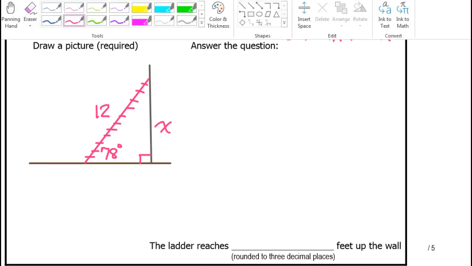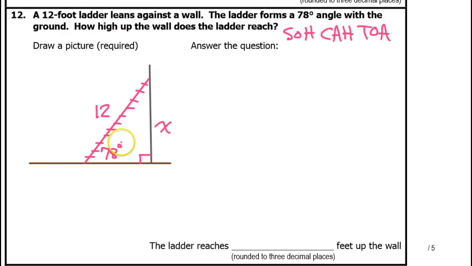Let's see. If I circle this angle, well, let's get the hypotenuse out of the way. This 12 is the hypotenuse across from the 90-degree angle. If I draw an arrow going away from my angle, it will always point at the opposite leg. And I will ignore this other leg. This adjacent leg is blank. So we've got opposite and hypotenuse. That is the sine function.